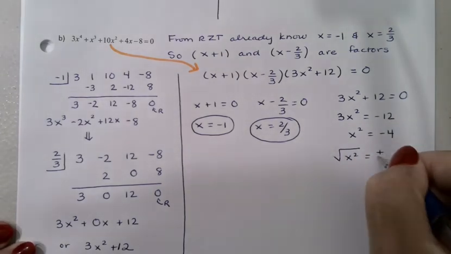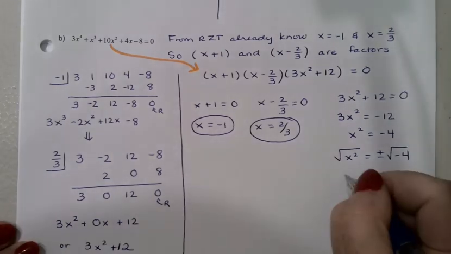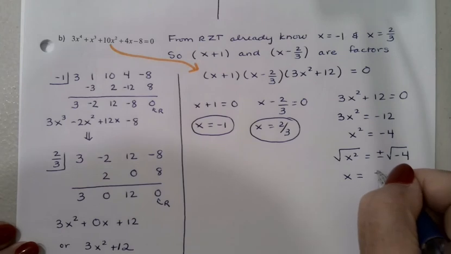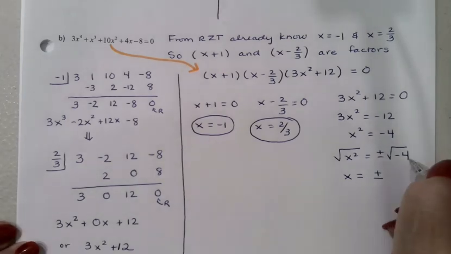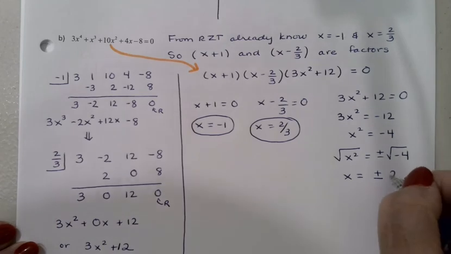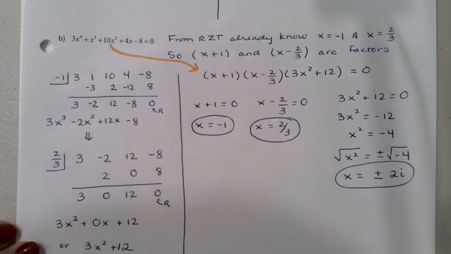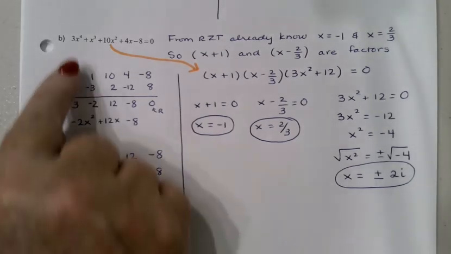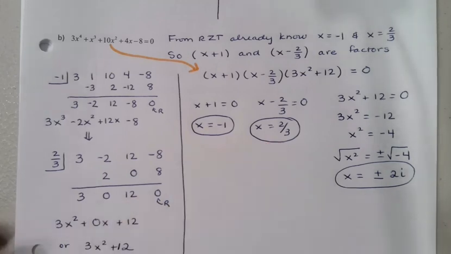And if I take the square root on both sides, making sure I get that plus or minus, it's going to be imaginary because of the negative under the radical, and the square root of 4 is 2, so that's just 2i. And notice that fourth degree equation has 1, 2, 3, 4 solutions, just as we would expect.